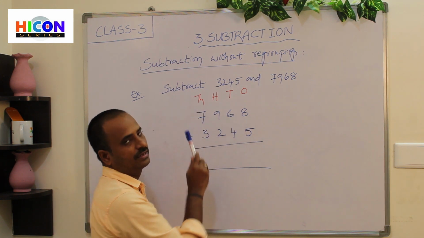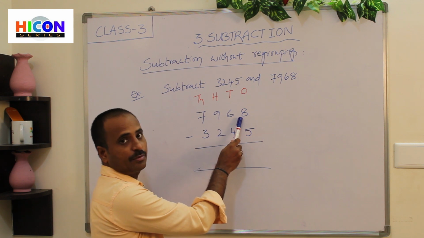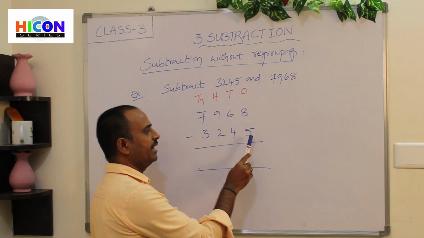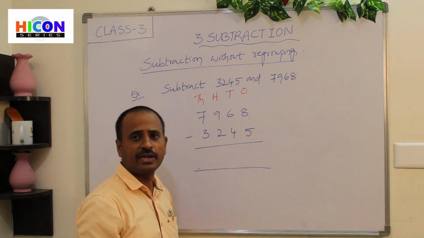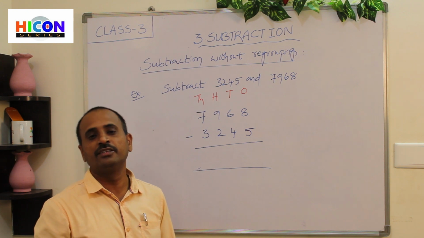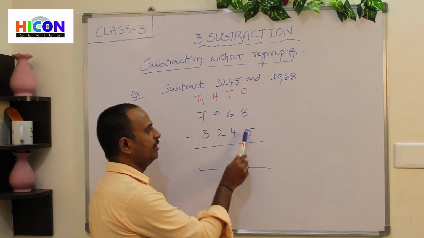Subtract 5 from 8. 8 is the greater number, 5 is the smaller number, so subtraction is possible. There is no need for regrouping, that is, no need for borrowing.